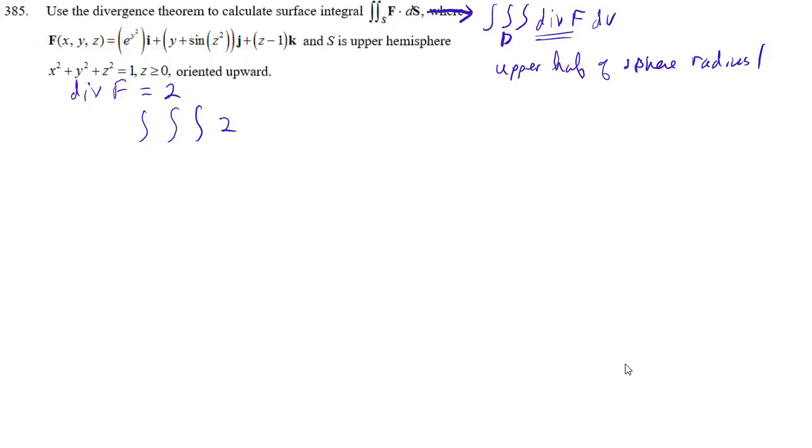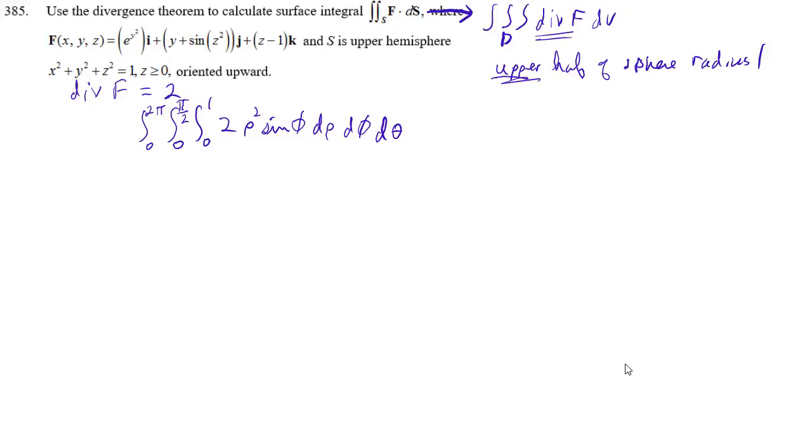So if we're going to use spherical coordinates on this, we need a rho squared sine phi, and we'll need rho, since it has a radius of 1, to go from 0 to 1. We'll need phi, since it's the top half, to go from 0 to pi over 2. And then we'll need theta to go all the way around.